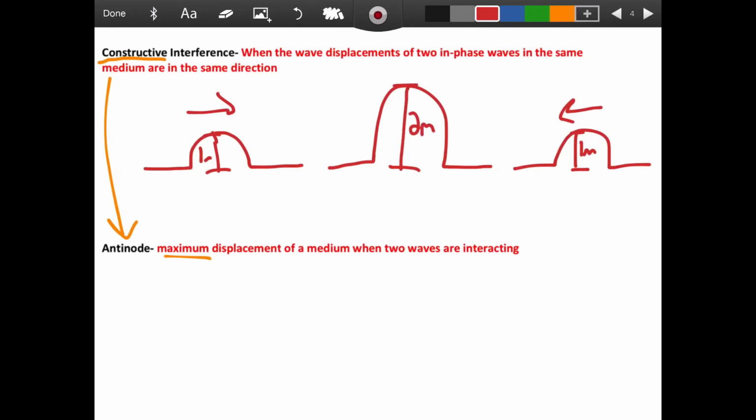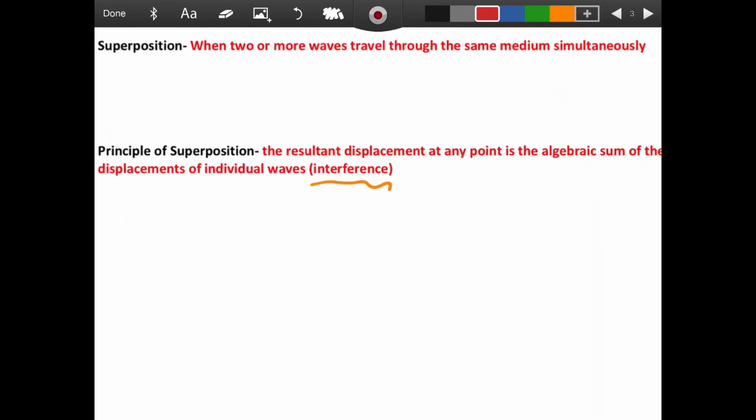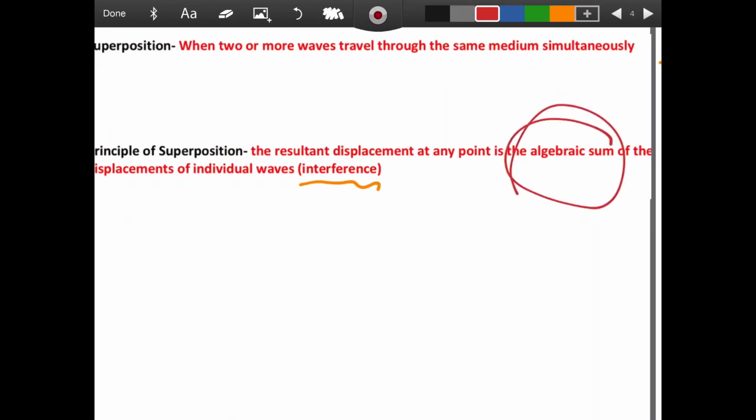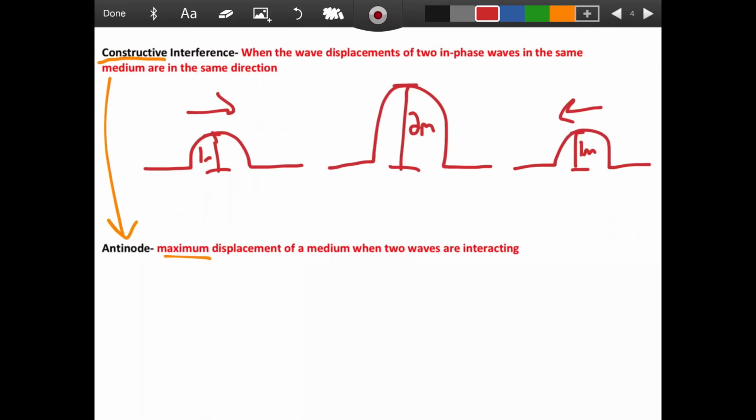So when the two pulses pass through each other and cause constructive interference, we add them up. So if we go back to the definition, it is that algebraic sum. So here, since they're both positive, we're going to add them up.